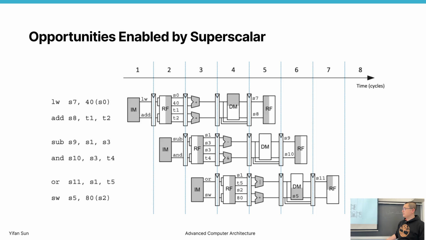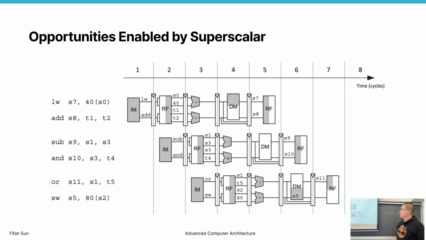So if we run this type of ideal program, we can increase the IPC from 1 to 2, so double the execution. And if a program is defined by the number of instructions, like when we need to respond to user input with many instructions, we can reduce the latency by half, which is a very good thing.